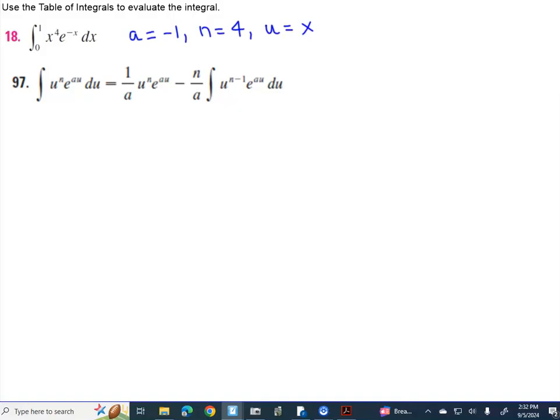So let's go ahead and take this first integral going from 0 to 1 of x to the fourth e to the negative x dx.